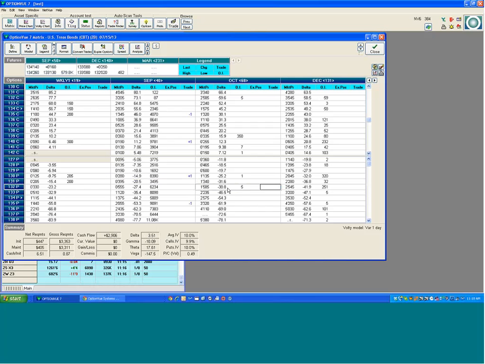Nevertheless, when you make an adjustment, you're going to make the adjustment based upon what you are attempting to achieve in the way of deltas and Vega. Whether or not you happen to close an existing position for a loss is not really that important, because you're simply wanting to recalibrate your exposure from this point forward.